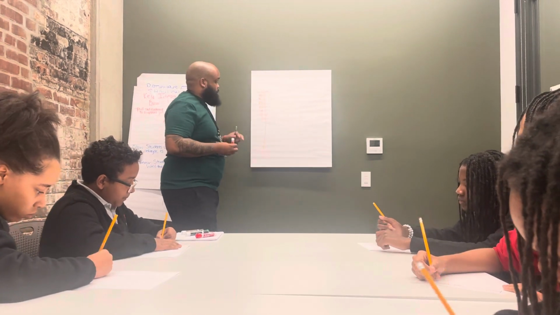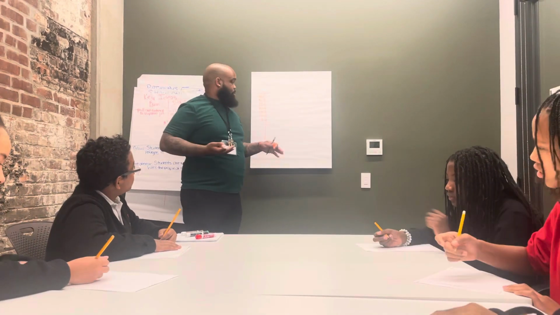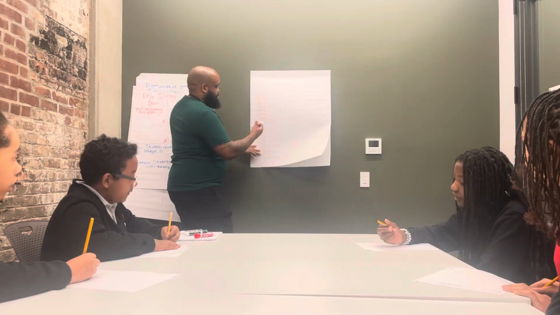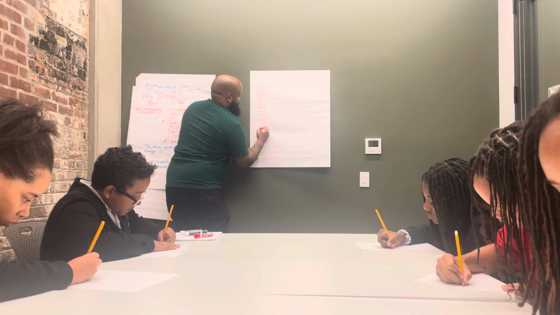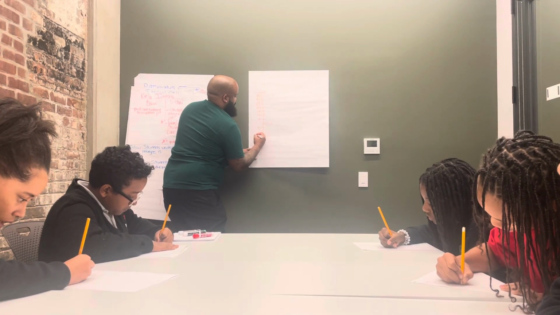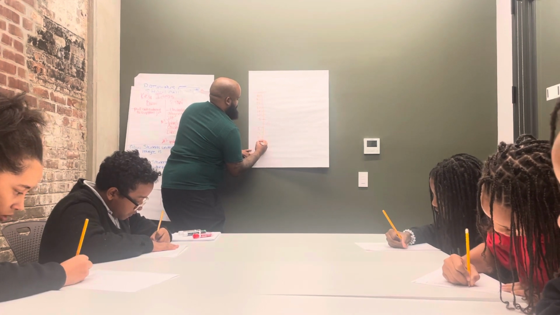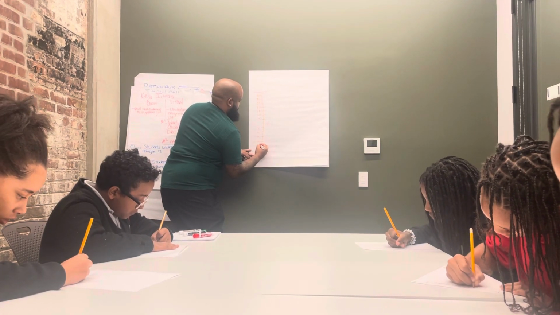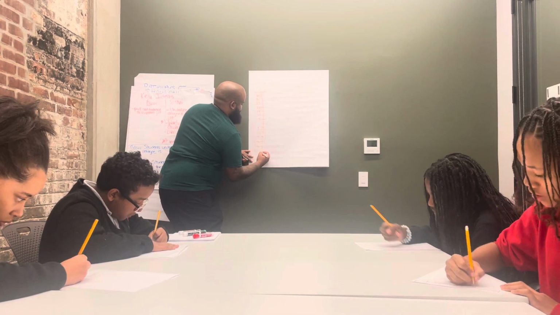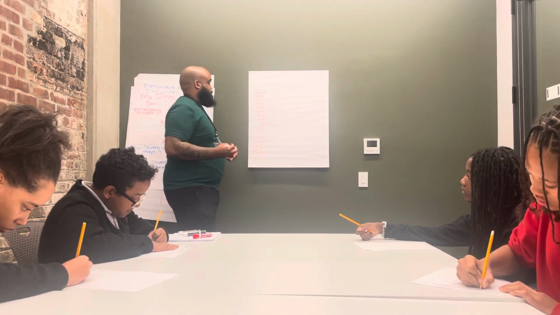So below 0, what do we have? Negatives, right? Negative 5. Negative 10. Negative 15. Negative 20. Negative 25. Negative 30. Negative 35. All right, so this is our scale right here.